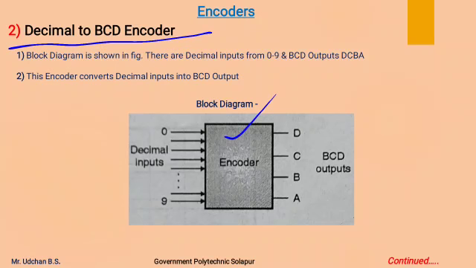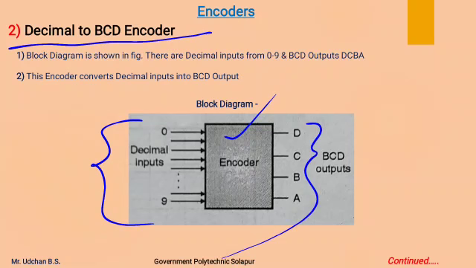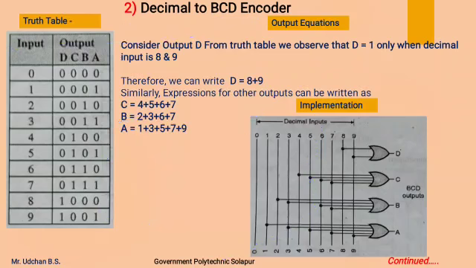This is the block diagram of the decimal to BCD encoder, which has decimal inputs 0 to 9 and BCD output DCBA. This encoder converts decimal inputs into the BCD output. Now this is the truth table, which shows the input lines from 0 to 9 and the BCD outputs. You already know how to write the BCD code of a particular decimal number.